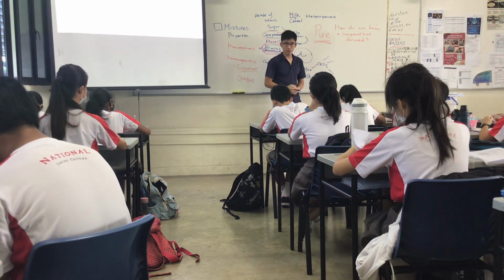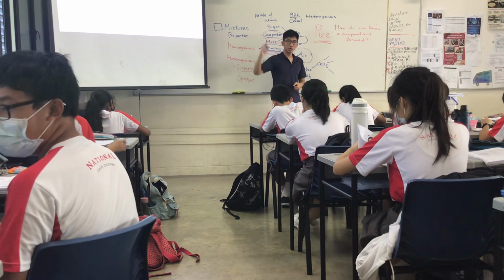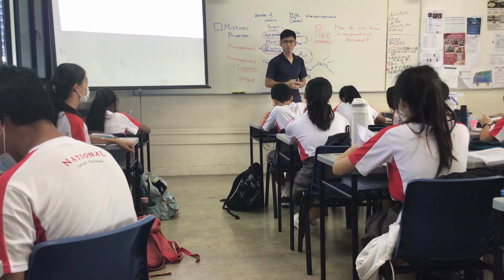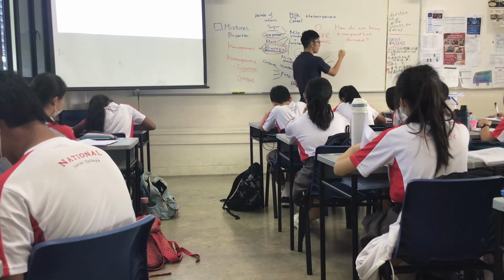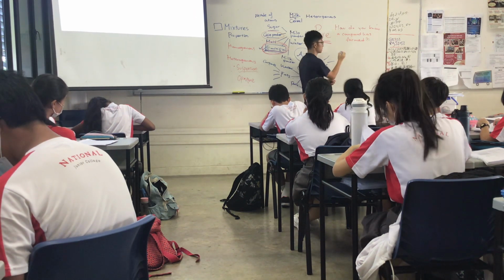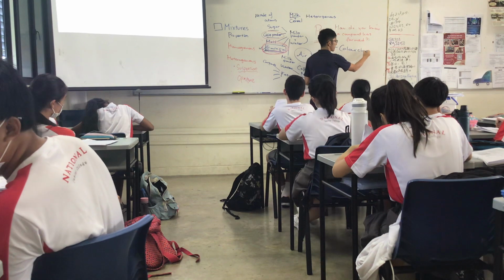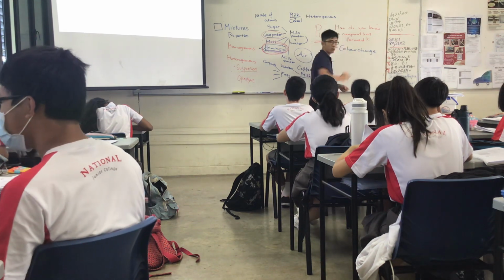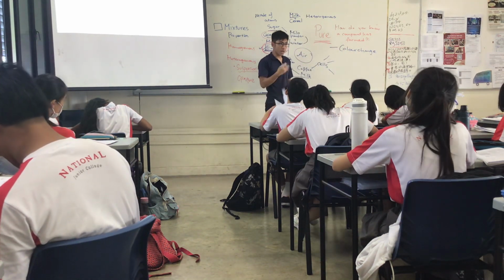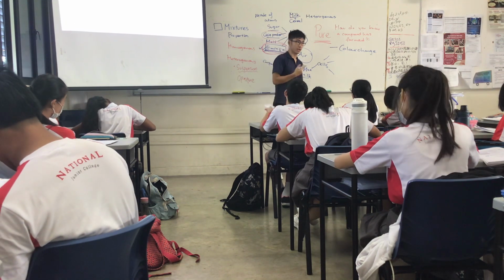Okay, in chemistry, we will teach you in a few years, next year. How do you tell if a compound has been formed? There are really a few telltale signs. Number 1, color change. Normally, if a reaction occurs, you'll find that there's a color change.